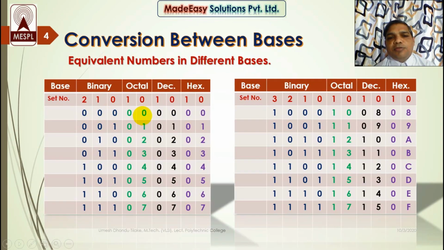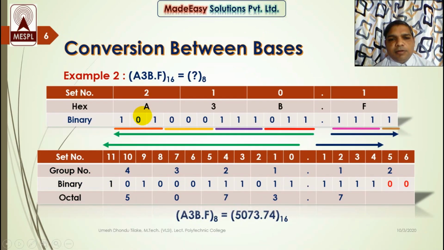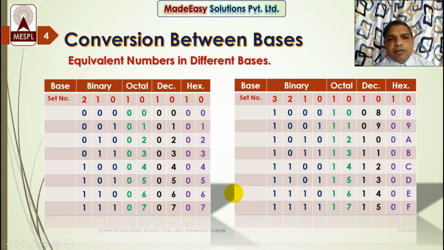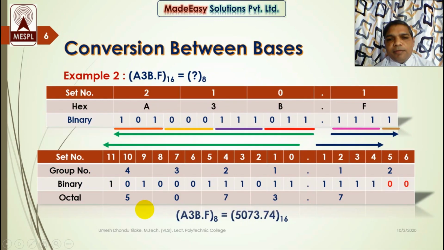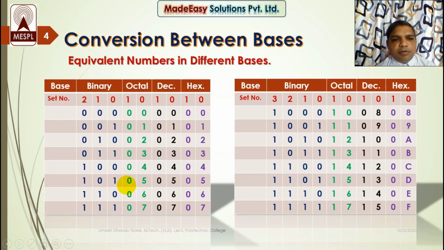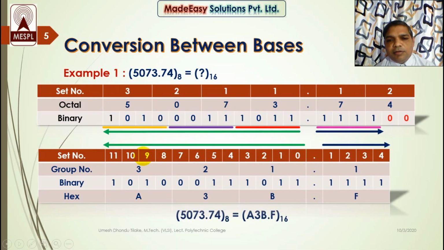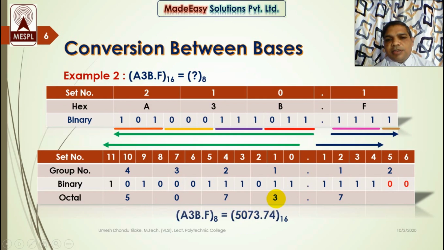Then 111 binary is 7 in octal. Then 011 binary is 3 in octal. So I have placed 3 over here.